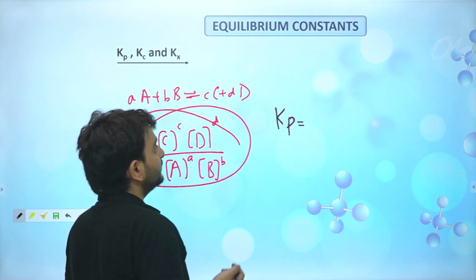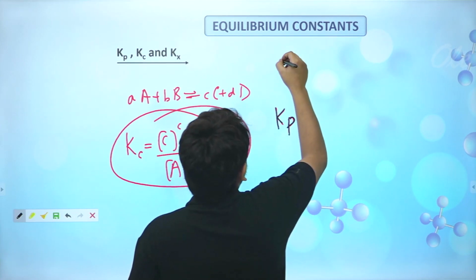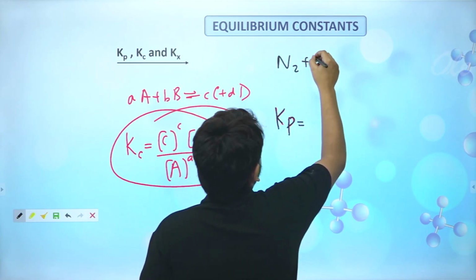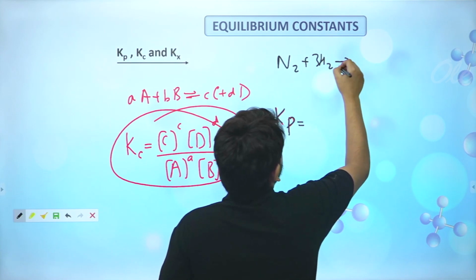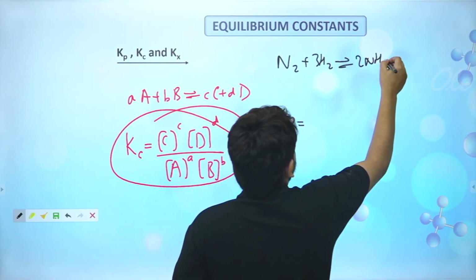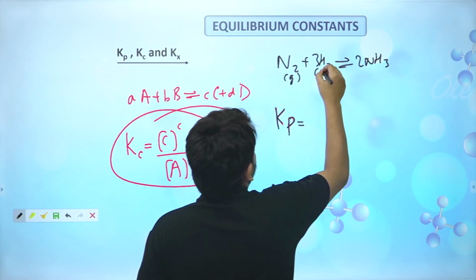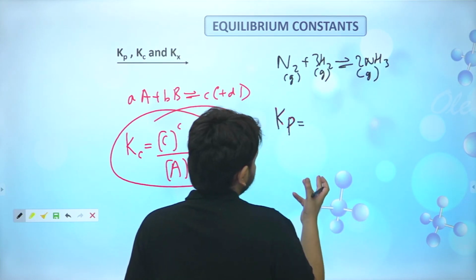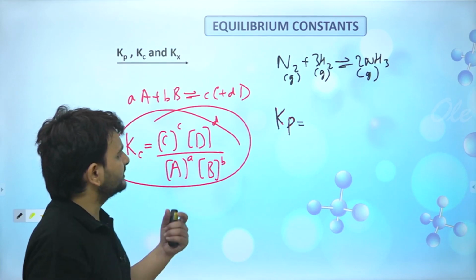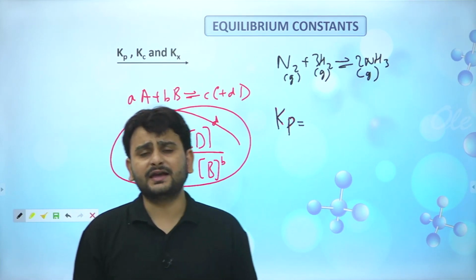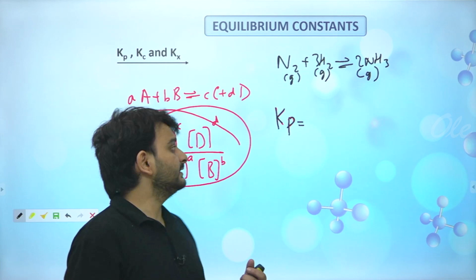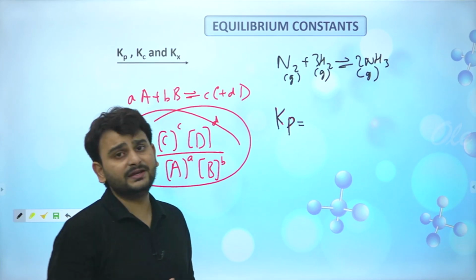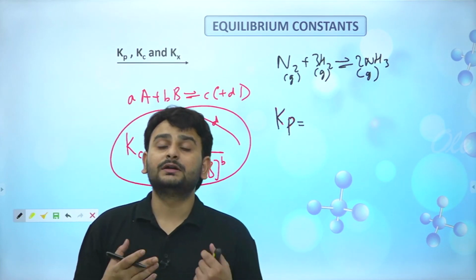For example, if we have N2 plus 3H2 giving us 2NH3, all of them in the gaseous phase, homogeneous, no solids. Partial pressure is defined for gases, and in the gaseous state we've already studied that the partial pressure of gases can be expressed in terms of concentration.